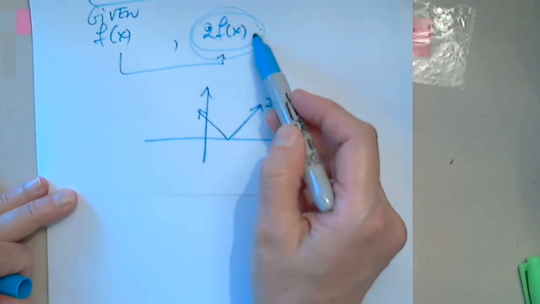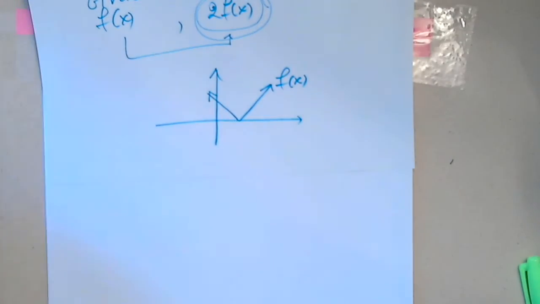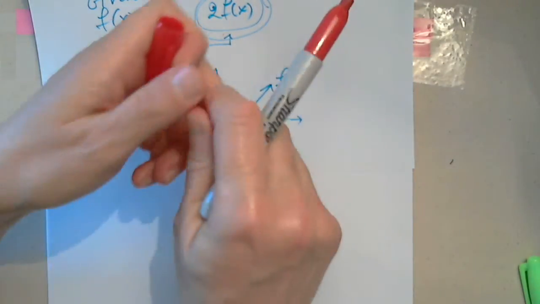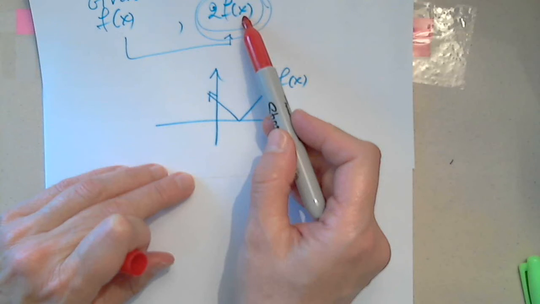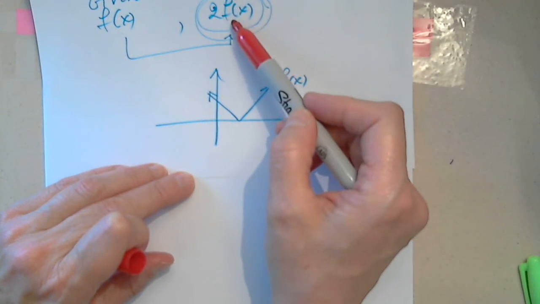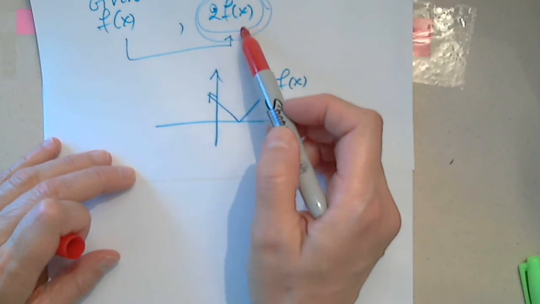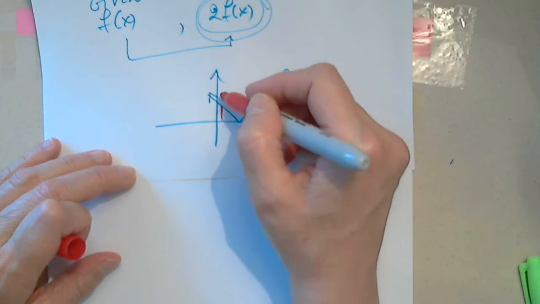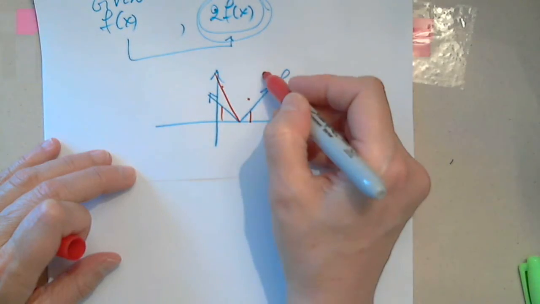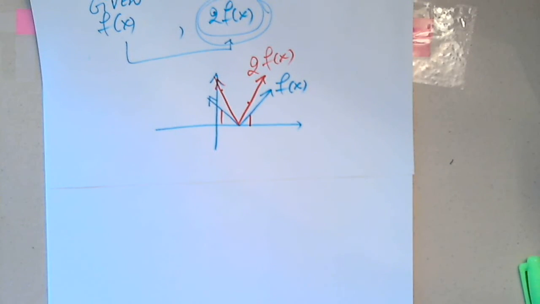And I'm asked to explain how to graph twice f of x. That is a horizontal stretch? Vertical stretching by a factor of 2, because it's outside, it doesn't touch x. If it were 2 in here, it would have been a horizontal shrinking, but it's 2 outside, on y. So all these heights get doubled. This height gets doubled. Vertical stretching by a factor of 2.